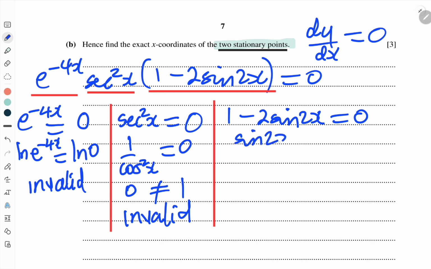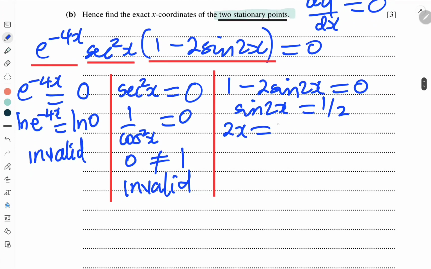So now we have to talk about 1 minus 2 sine 2x is equal to 0, which implies the sine of 2x is equal to half. Then we take arcsine of half. So our 2x becomes equal to pi over 6. And the other solution in the range would be 150 degrees.